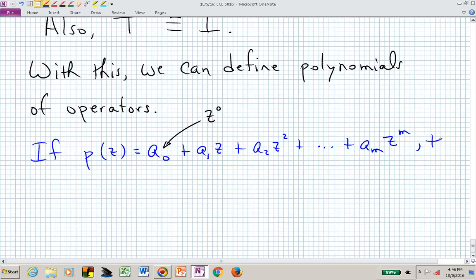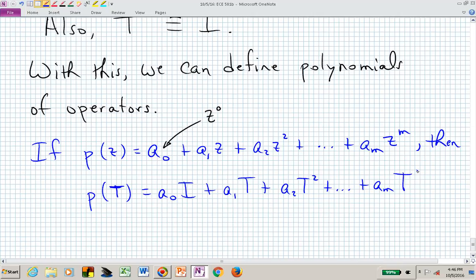Then we can write a polynomial of our linear operator T as a sub 0 I plus a1 T plus a sub 2 T squared on up to a sub m T to the m.